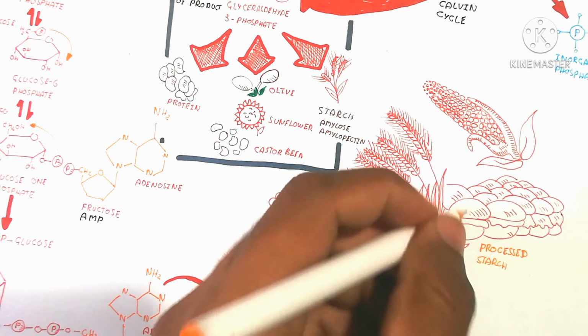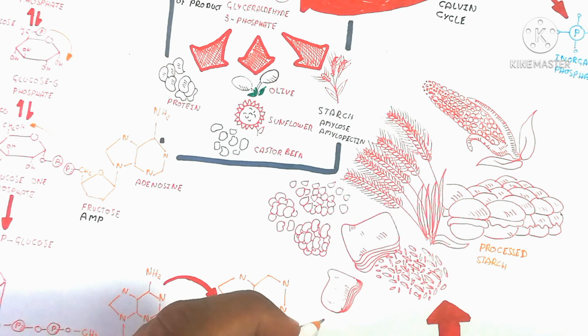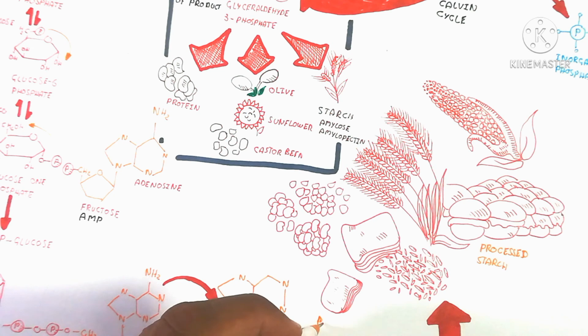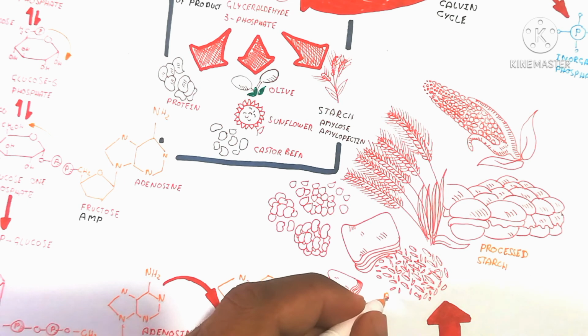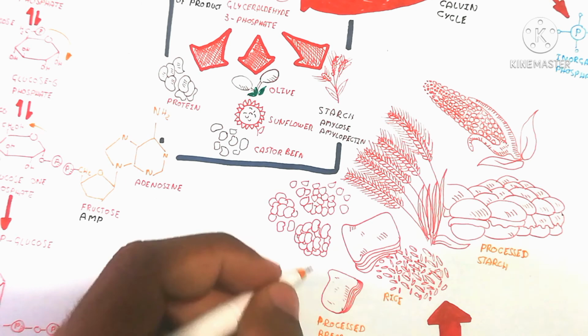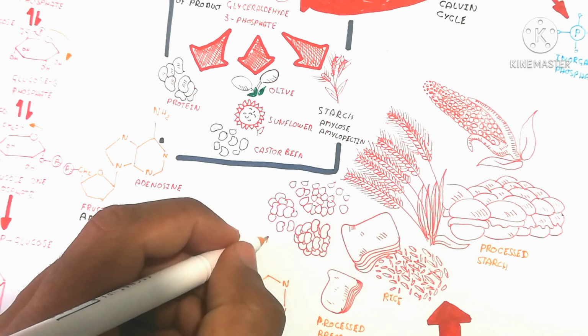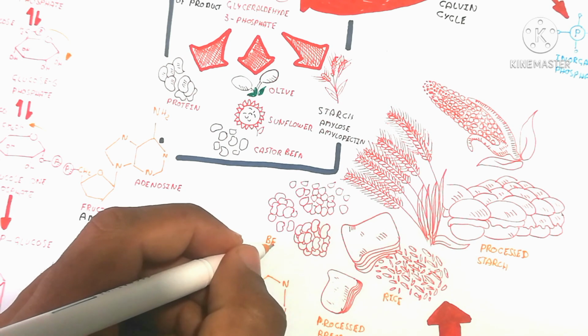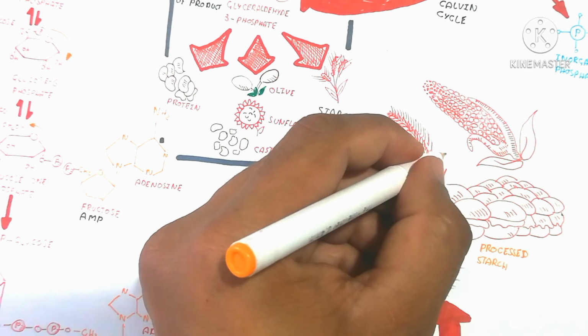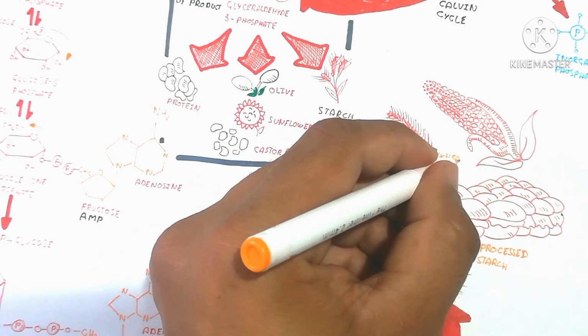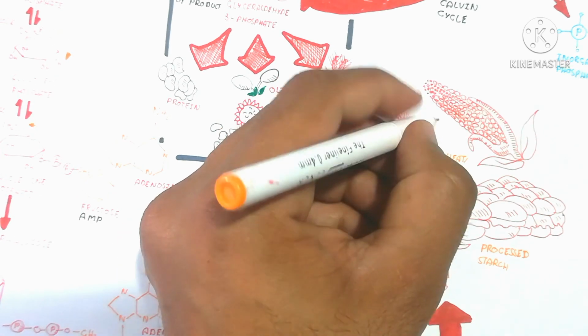Bread and burger is the processed food, while rice, beans, wheat and corn, or you can say that the scientific name is zea maize. And if we will talk about the wheat, which is basically triticum aestivum, and if we will talk about the rice, the scientific name is Oryza sativum.